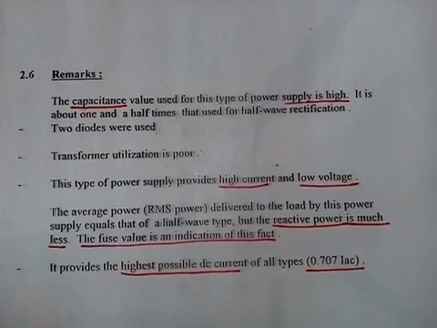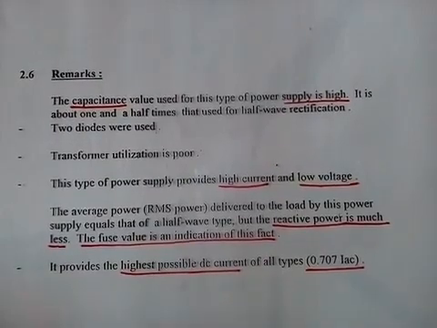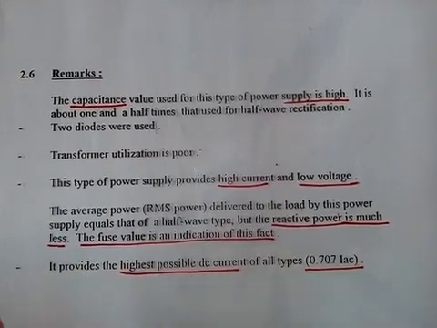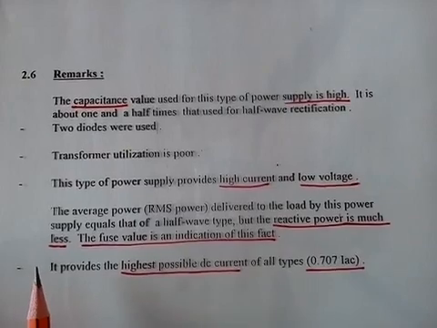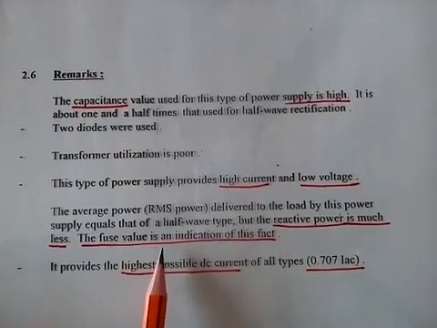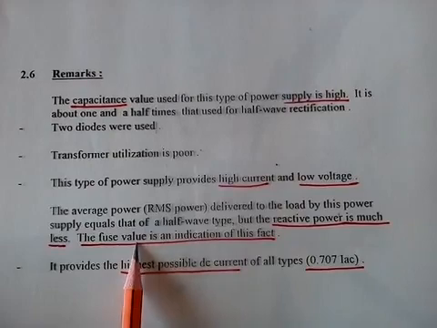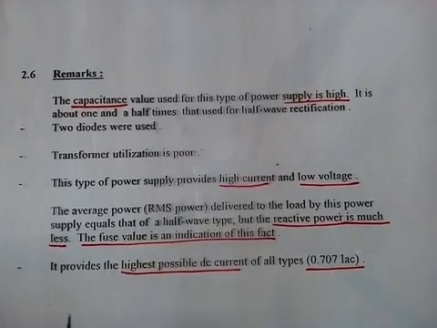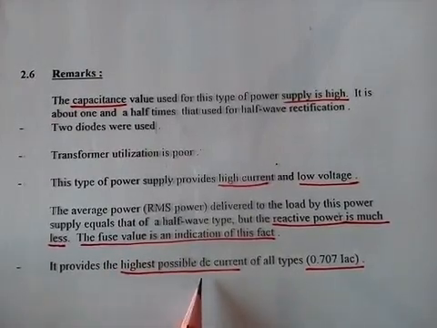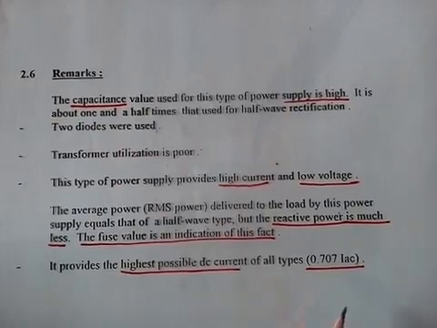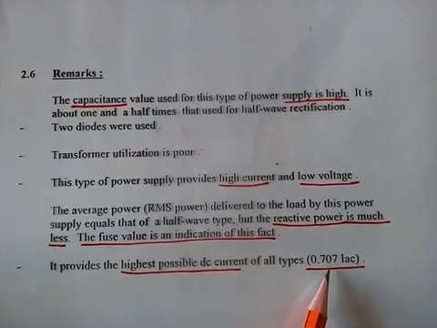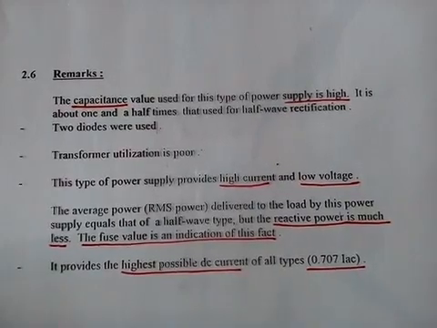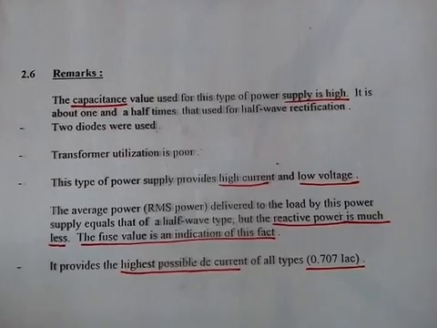For that half wave, we had a lot of the fundamental frequency harmonics, because only one peak of the cycle was passing to the load. So you had many harmonics in that half-wave rectifier. This one has none. It provides the highest possible DC current of all types. So we're talking about 71% of the ratings of the IAC of the transformer, which is considered high when a cap is used, of course.